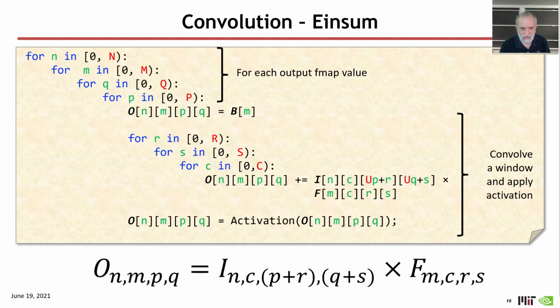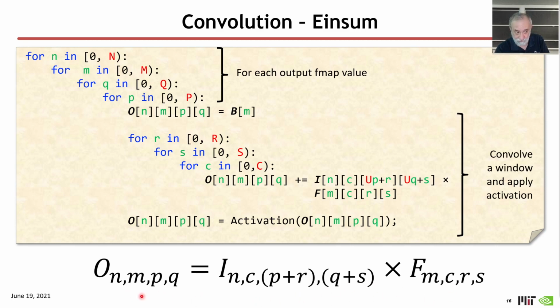And so we can again use a more generic expression using the Einsum notation, where now the only difference is that some of the indices are actually now computed generally using a very simple expression of various input index values in order to express the convolution.